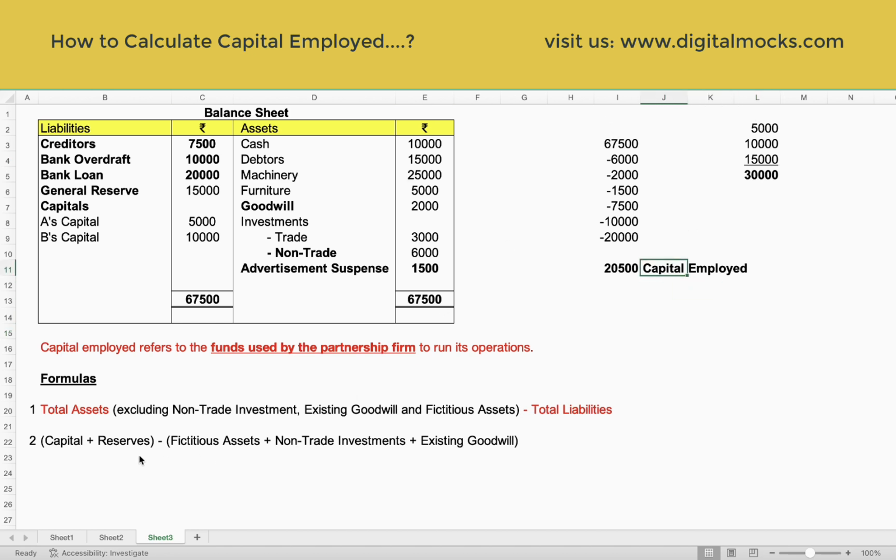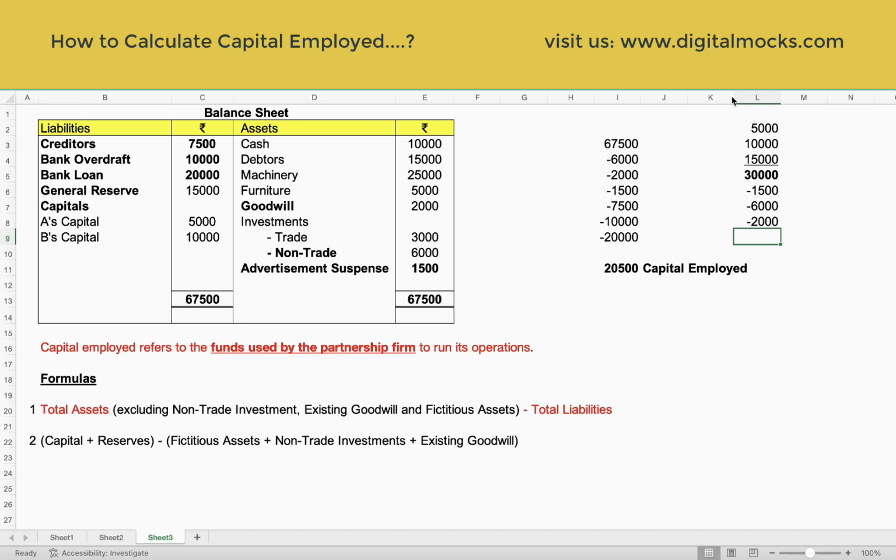Now what we have to do? Now from the total of capitals and reserves, I have to subtract these three elements. One is fictitious asset, that is 1500 we have. So that I have to subtract. Then non-trade investment, right? 6,000 I have to subtract. Then existing goodwill. So that 2,000 I have to subtract.